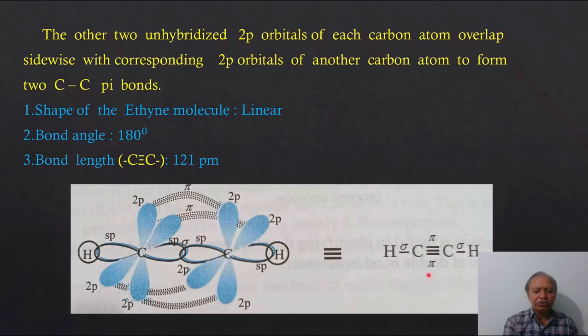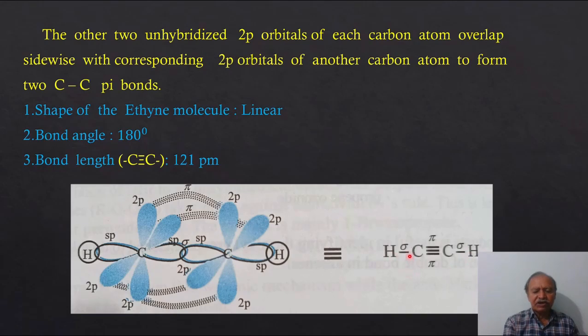So in the ethyne molecule, we have a triple bond between the carbon atoms. In the triple bond, one is a sigma bond and the other two are pi bonds. The sigma bond is formed by axial overlapping of the sp hybrid orbitals of each carbon atom, and the pi bonds are formed by sidewise overlapping of the unhybridized 2p orbitals, and two carbon to hydrogen sigma bonds are there.